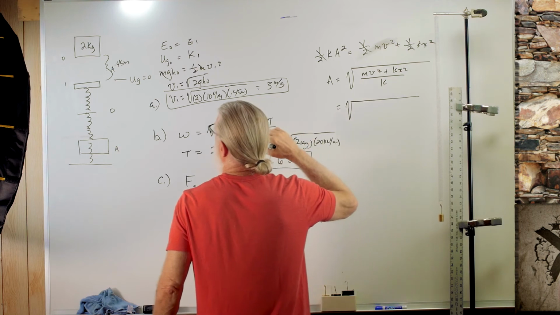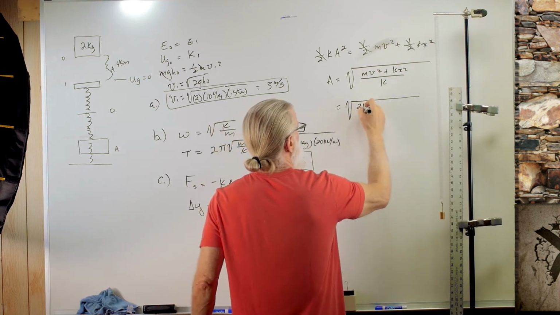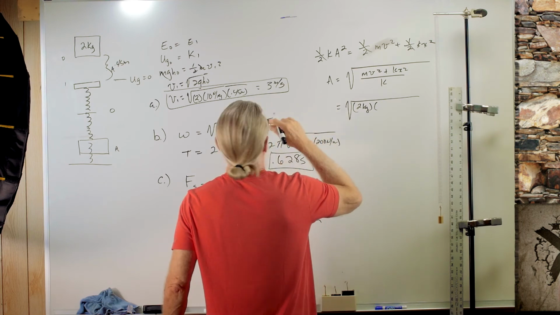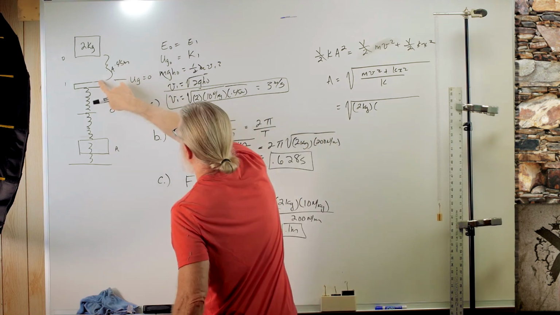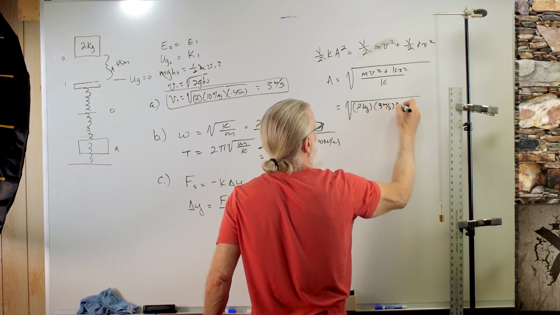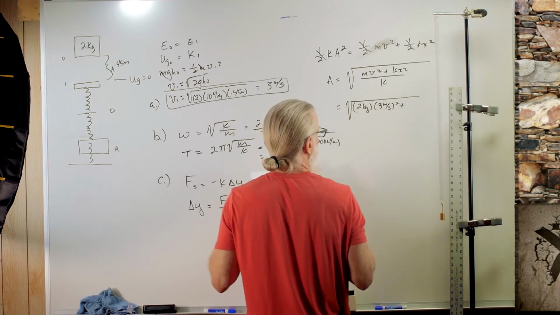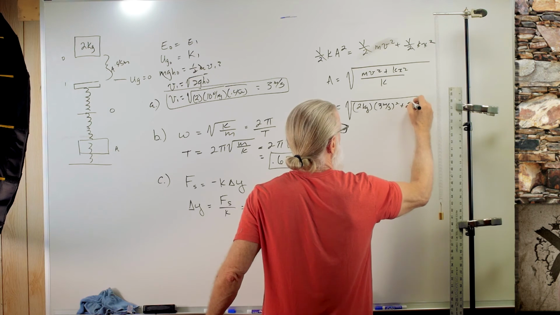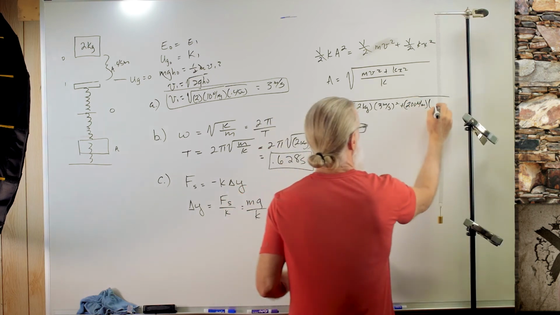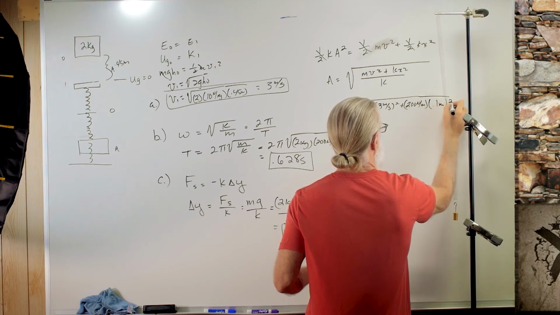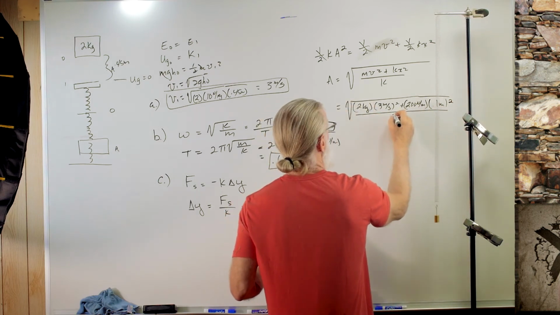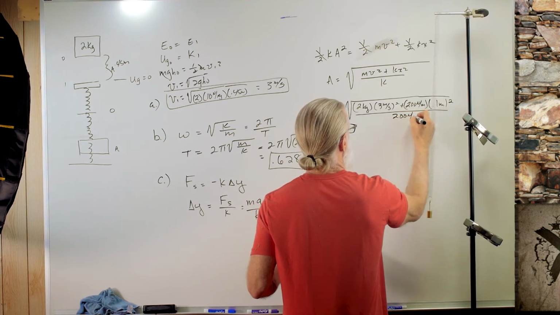We have mass is 2 kilograms, v at that position is 3 meters per second squared, plus k, 200 newtons per meter, times 0.1 meter squared, divided by k, which is 200 newtons per meter.